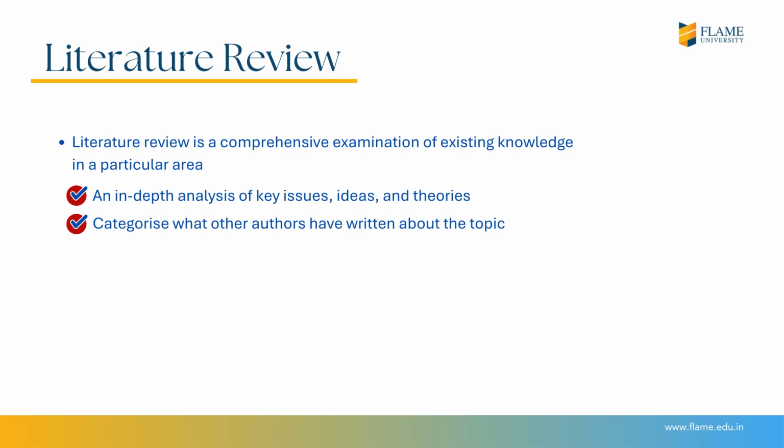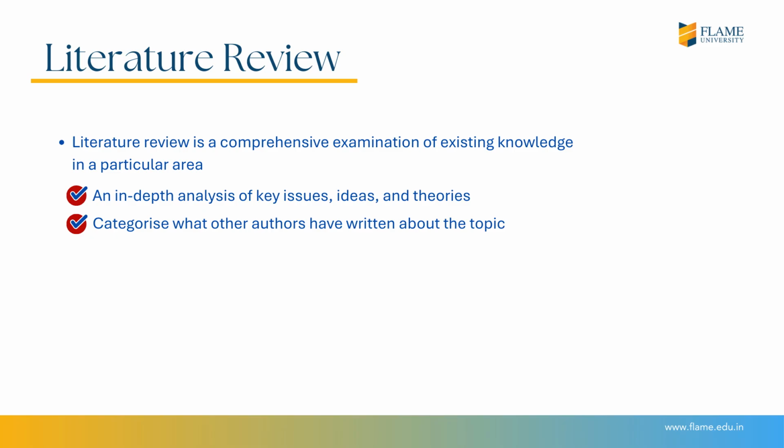Before we move on to the next section, let's see how a literature review is done. Literature review is a comprehensive examination of existing knowledge in a particular area. It synthesizes and reviews papers to locate your research by examining what has been published previously and helps to build your argument and formulate your research question.